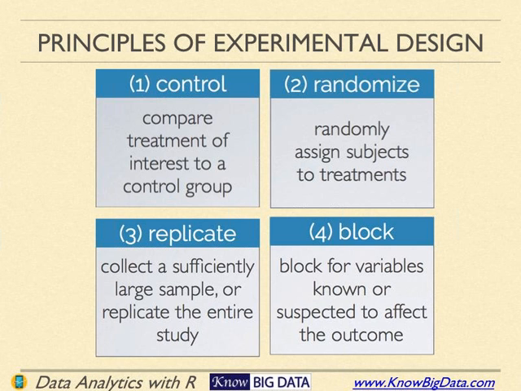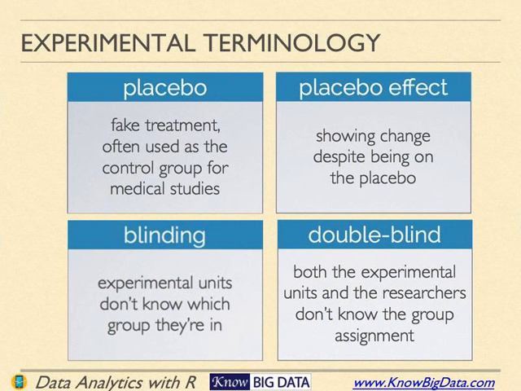So first of all, you compare the treatment of interest to a control group, then you randomly assign the medicines or treatment to various people, and then you collect a large enough sample or replicate the entire study, and then you block for the variable known or suspected to affect the outcome. We remove the situations which affect our overall design.